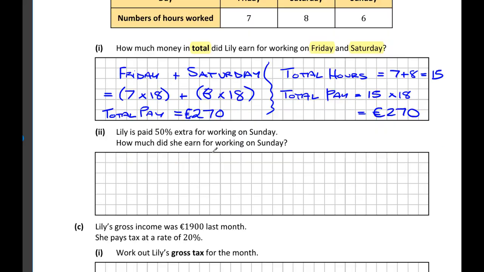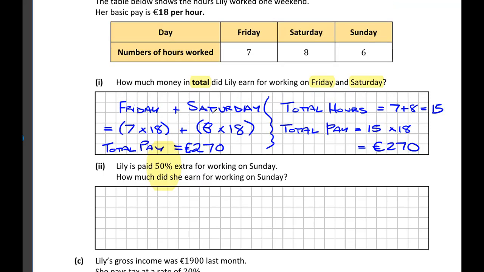Okay. Lily is paid 50% extra for working on Sunday. How much does she earn for Sunday? So there's a few ways to do this. I think the way most students would do it would say 50% extra. So what is 50% extra? Well, she works 6 hours and she gets paid €18 per hour, right? But we have to get 50% of that. So it's just multiply by 50%.